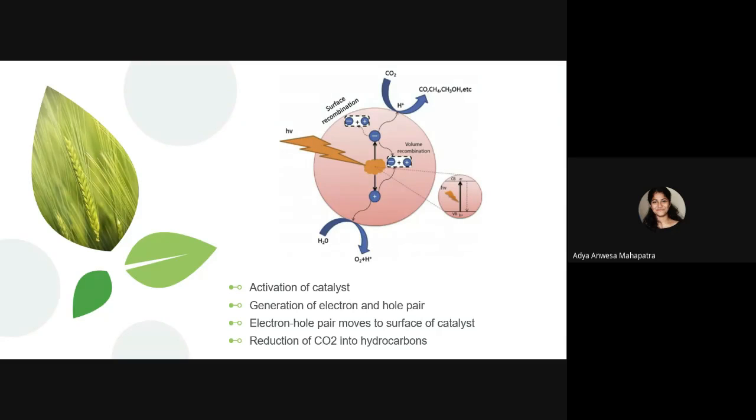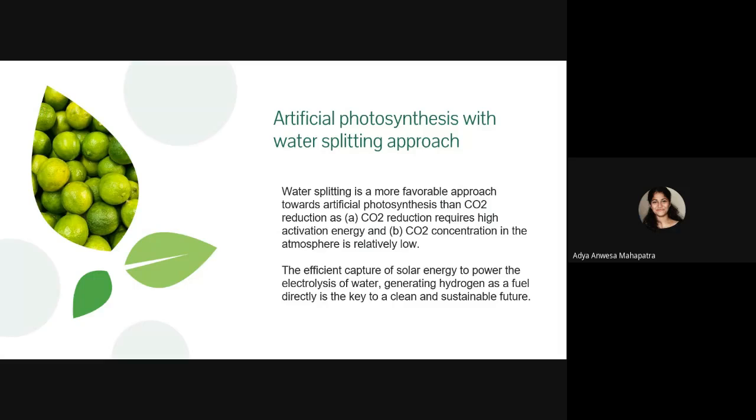Now, let's move on to the second part, artificial photosynthesis with water splitting approach. Water splitting is a more favorable and competitive process than carbon dioxide reduction as the overall carbon dioxide reduction for most systems are limited. Large-scale reduction of atmospheric carbon dioxide is an issue compared to hydrogen production because one is the high activation energy required for CO2 reduction and the other is that CO2 concentration is relatively low in the atmosphere.